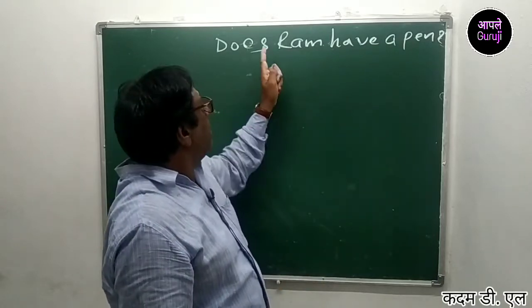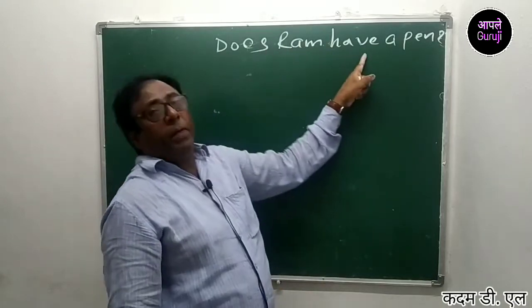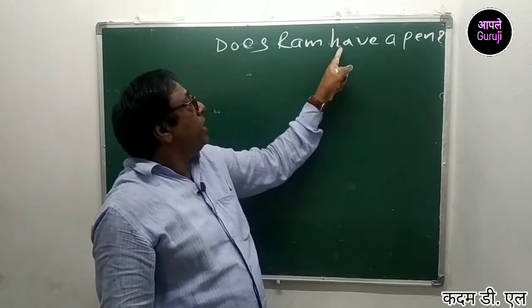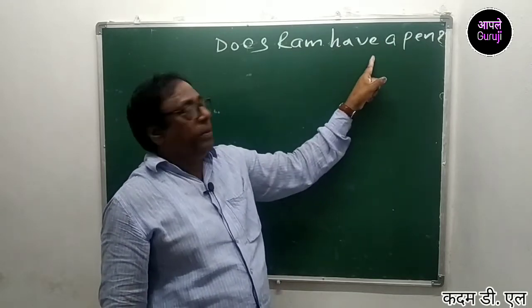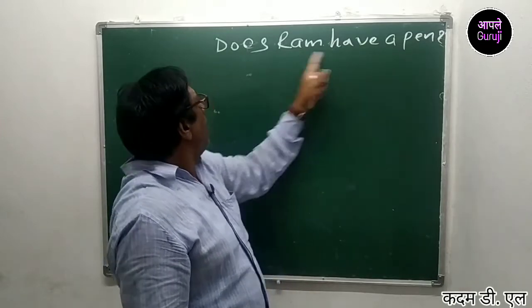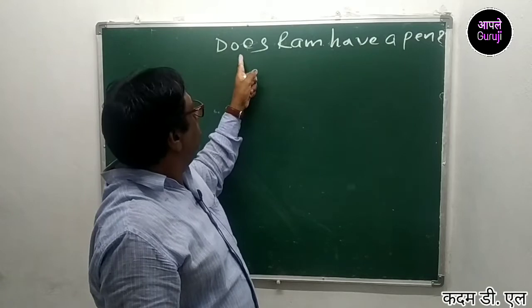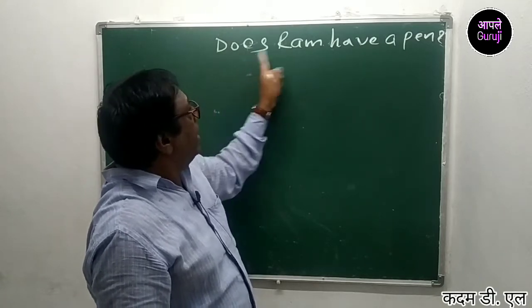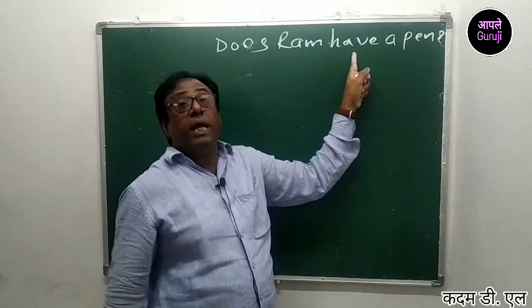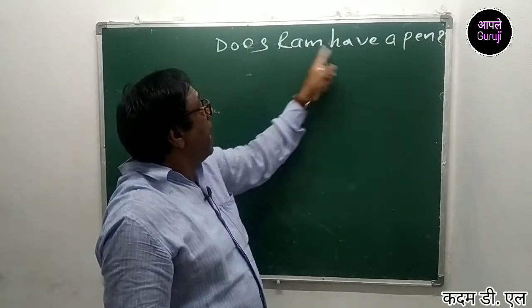That's why the particular word should be in a particular place. And that's why instead of has, we use have here. In making the question, along with do, does and did, we use have.